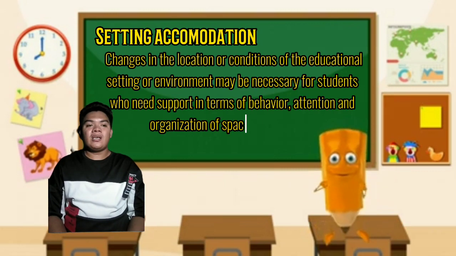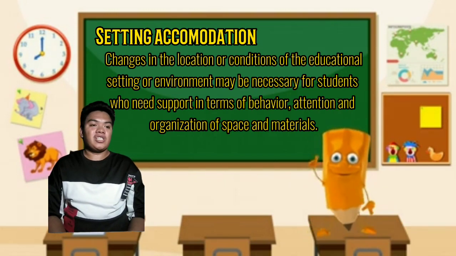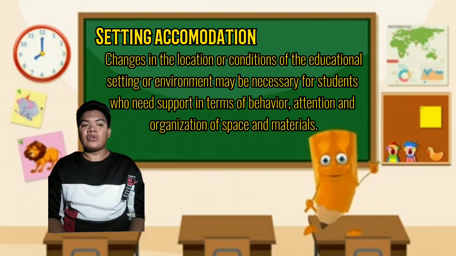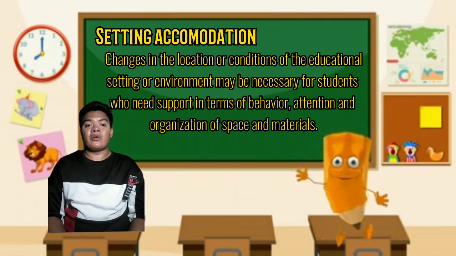Changes in the location or condition of the educational setting or environment may be necessary for students who need support in terms of behavior, attention, and organization of space and materials.